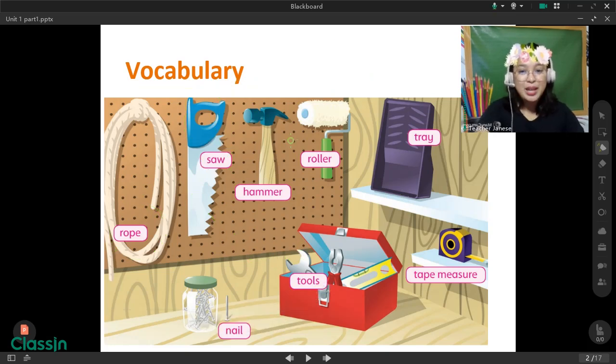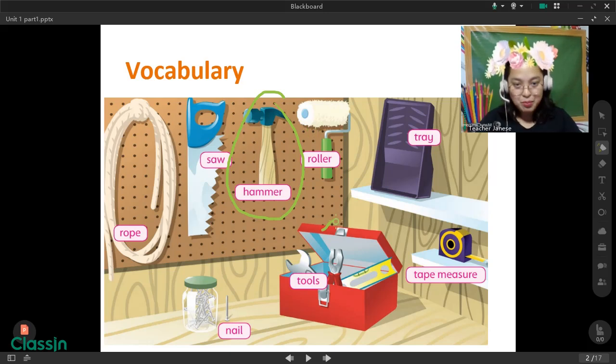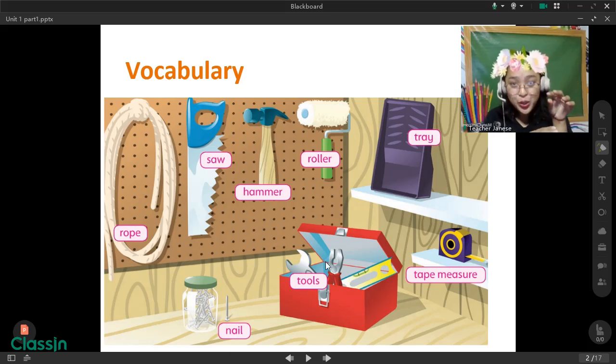Okay, that's great. How about this one? Let's say hammer. Yes, hammer. Okay, so it's also a tool with a heavy metal head attached to a handle, and we use it for pounding nails into wood or for other mechanical work.